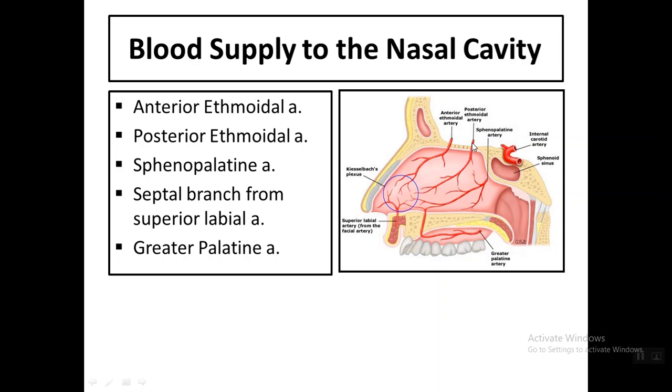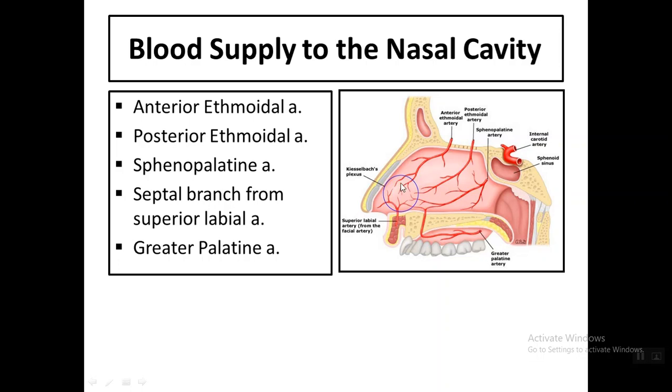The sphenopalatine artery is a branch of the maxillary artery. The septal branch of the superior labial artery is a branch from the facial artery. And we have the greater palatine artery, also a branch of the maxillary artery.